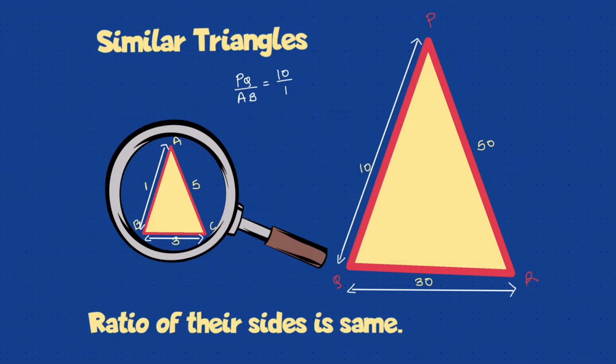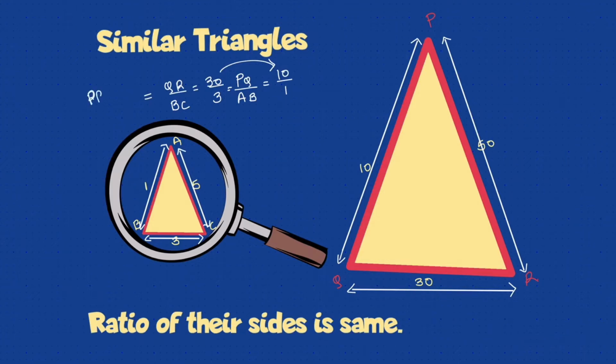So QR upon BC, amplified upon non-amplified, is 30 upon 3, which again comes out to be 10. I'm proving that the ratio of their sides comes out the same. Let's take PR. AC is amplified as PR. So I'll write PR upon AC. PR upon AC is 50 upon 5, right?